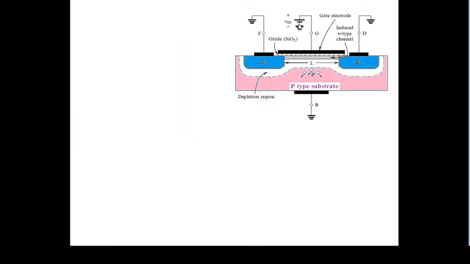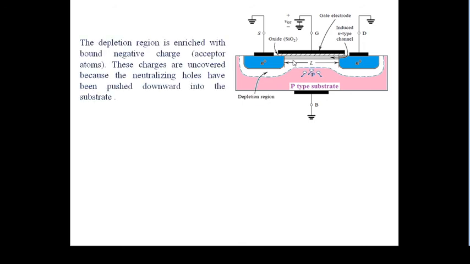When we give the positive gate-to-source voltage, this pulls down the whole region and forms a carrier depletion region, and after that some electrons come near that surface. So now we are inverting the p-type region to the corresponding n region. The depletion region is enriched with bound negative charge acceptor atoms.